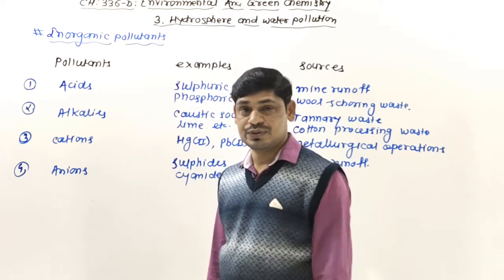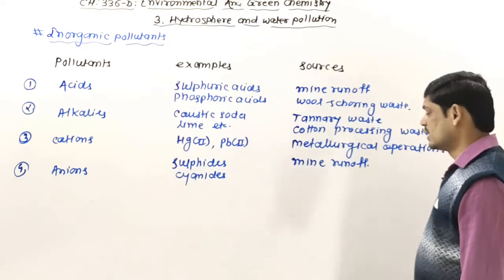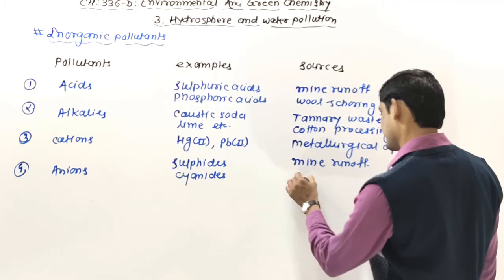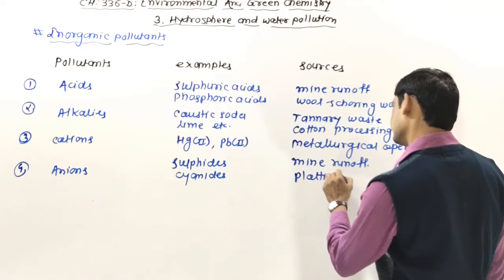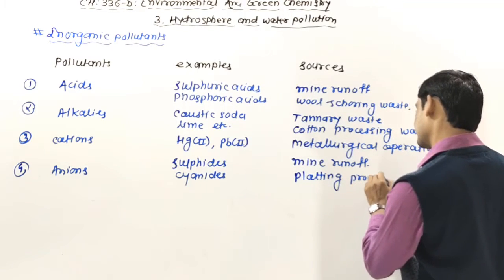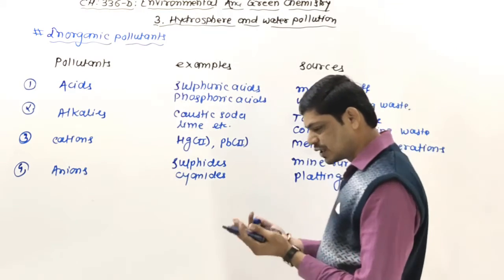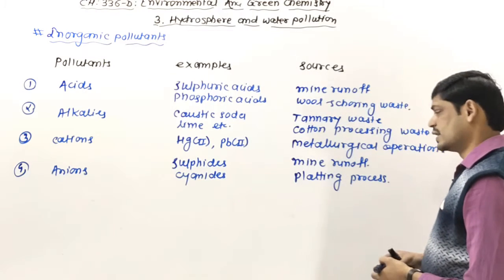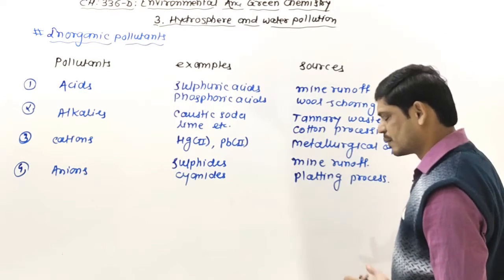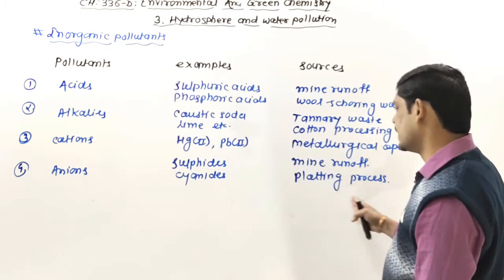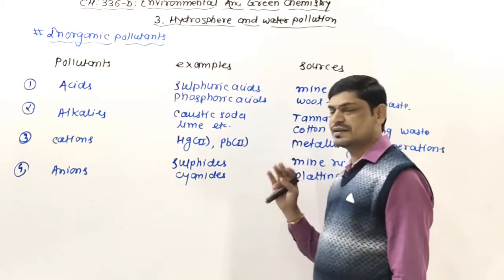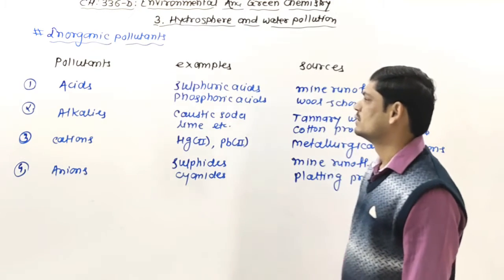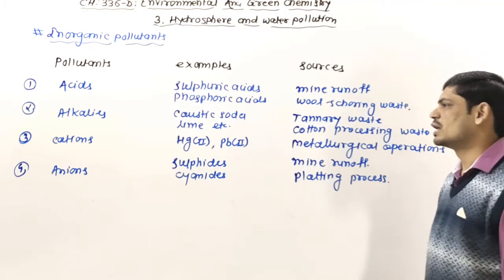Effluent during the mining process, we call it mine runoff. And second is the plating process, just like a coating of one metal on the surface of another metal. We call it plating. Various methods of plating are also there. The plating process releases anions into the water bodies. So it was an account of the classification of inorganic pollutants.